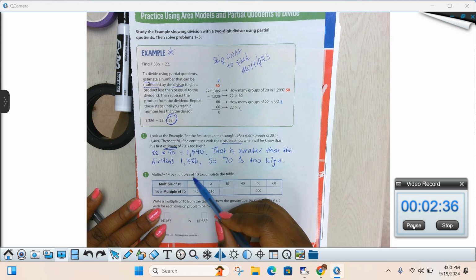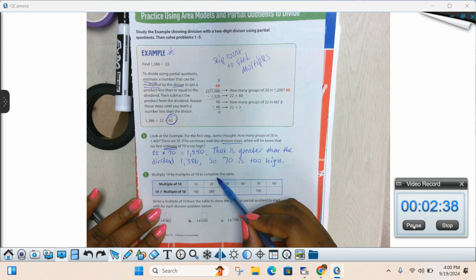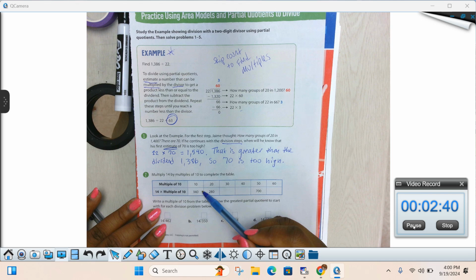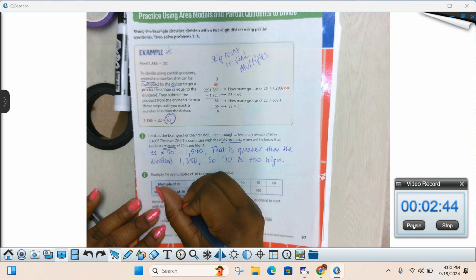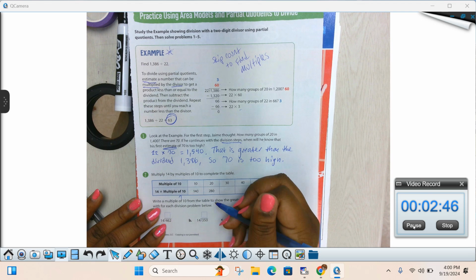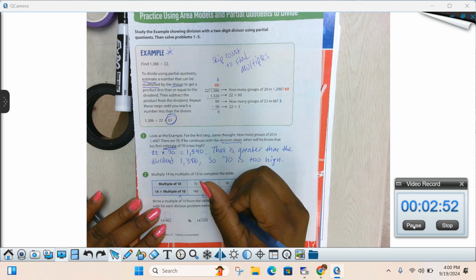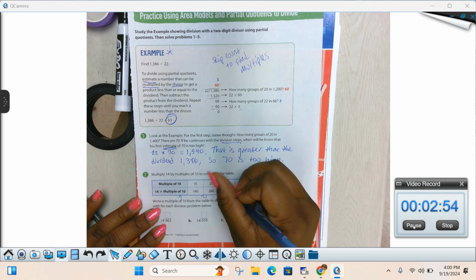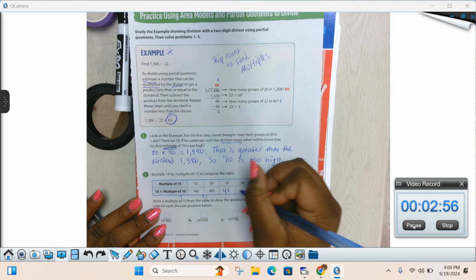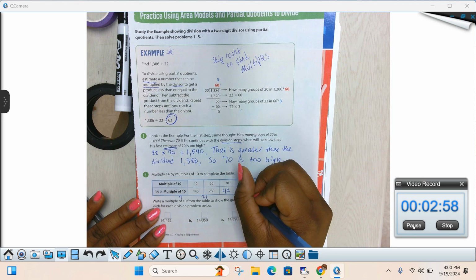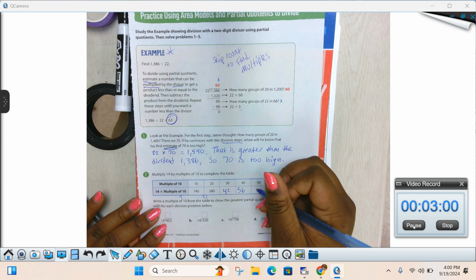Multiply 14 by multiples of 10 to complete the table. Now, if you don't know, 14 is as simple as doing your 7s. So I have 7, 14 goes here, 21, 28. Next, you would have 42. Then you will have 56.